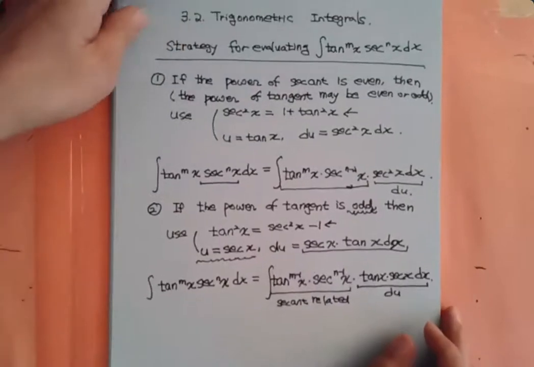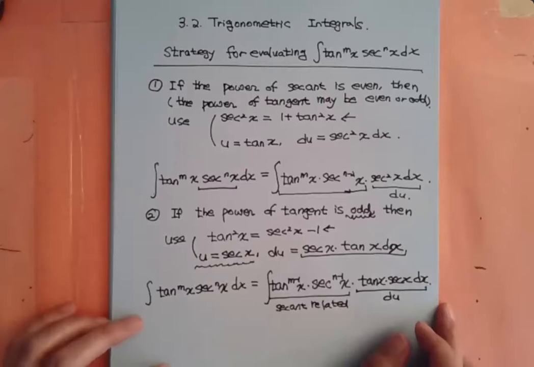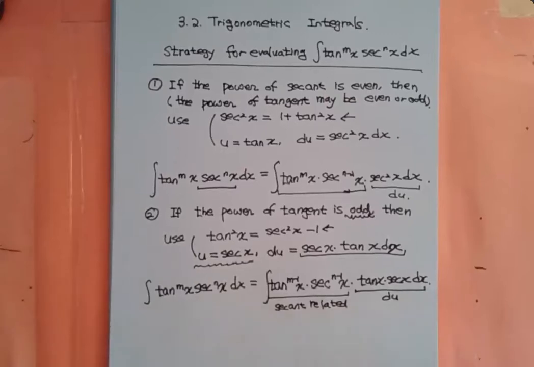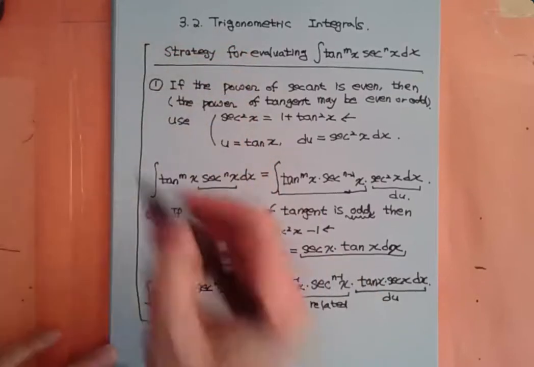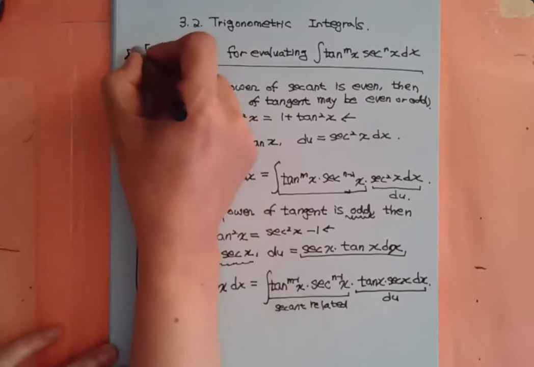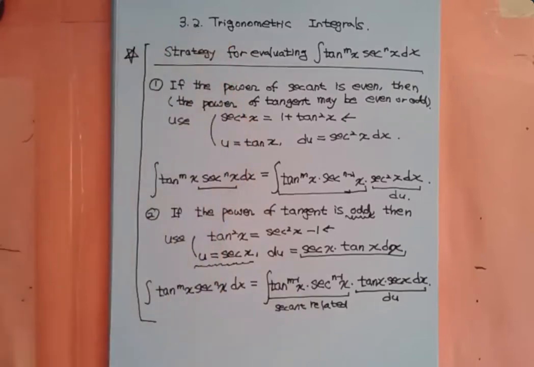For the exam, it's extremely important to know what the strategies are, not only this one, but also all the other parts. So this strategy is something you have to clearly remember, and you have to do u substitution correctly.